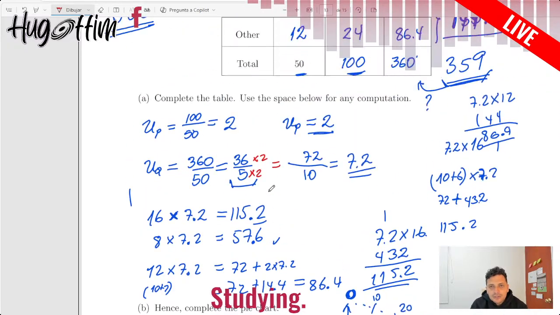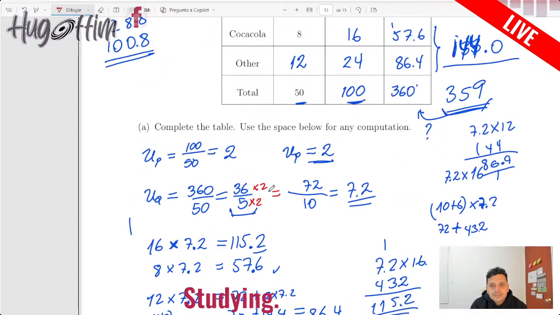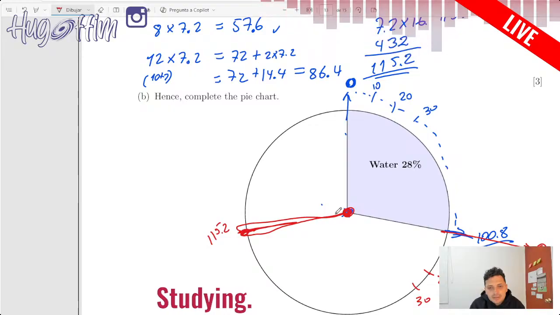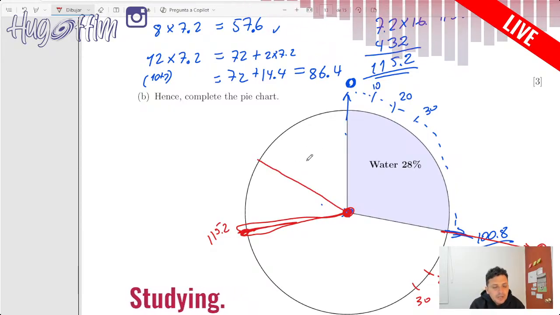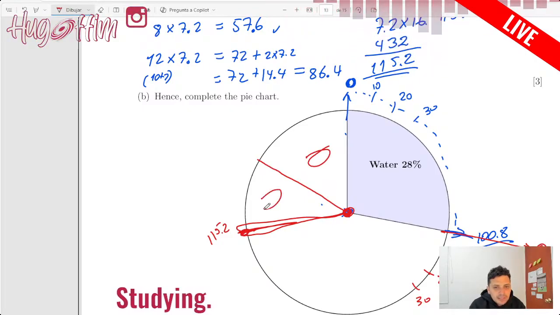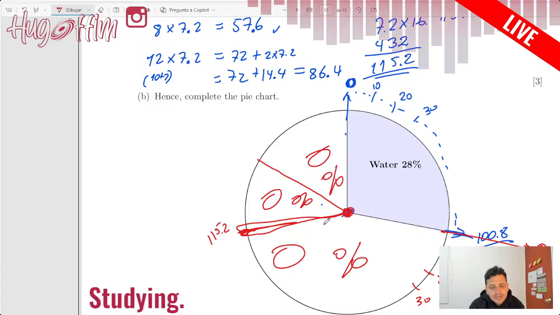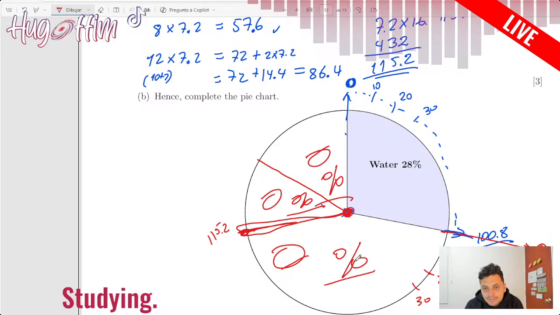And the other, it says 86.4. No, 57.6. Same thing, 57.6 and 86.4. Remember to label the data and to put the percent. When you create a pie chart, it's important that you put the percent and label the data.